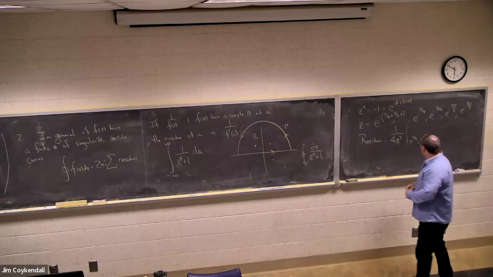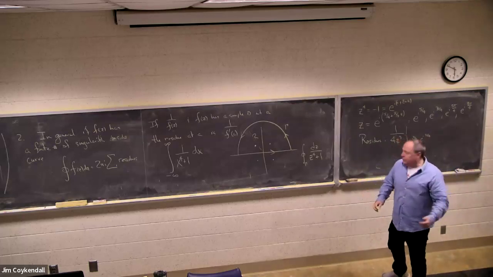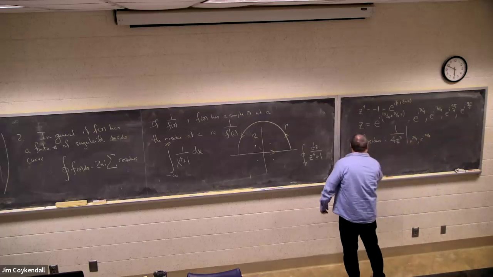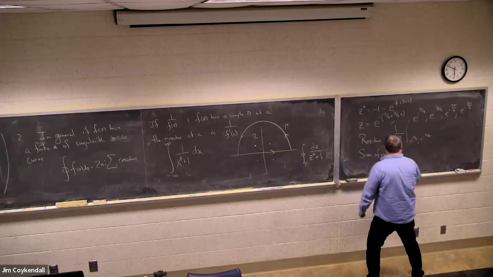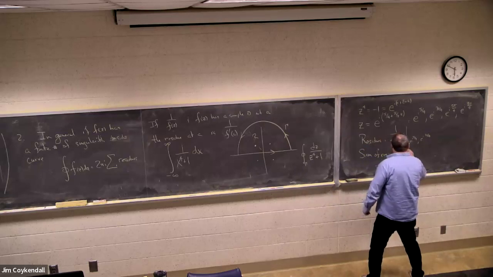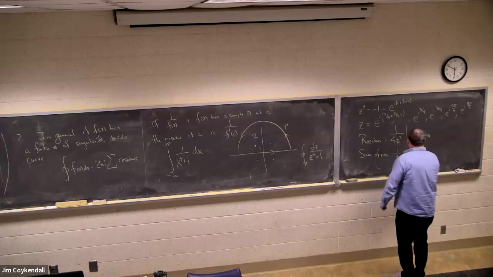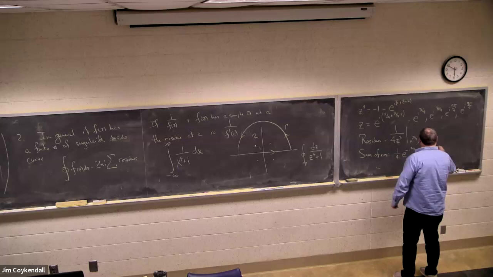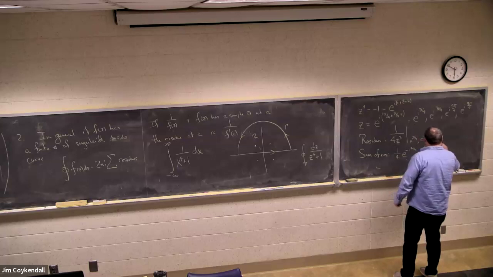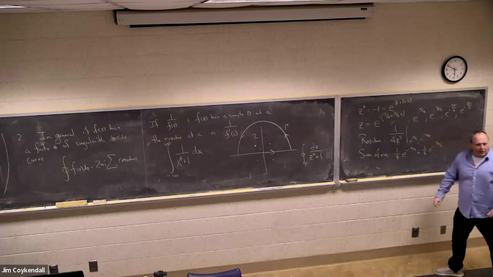What happens when I figure out these residues and add them up? Sum of residues, let's see, it's going to be 1/4 e to the minus i pi over 4, plus 1/4 e to the minus i 3 pi over 4. Agreed?